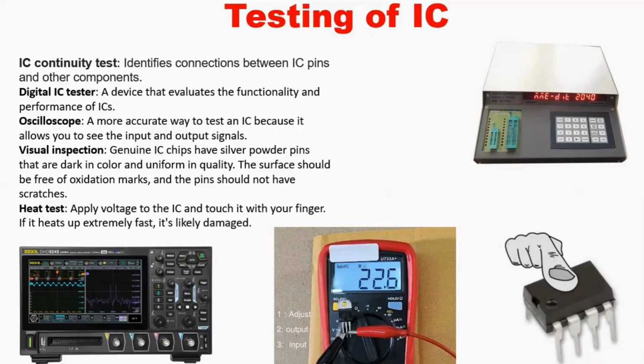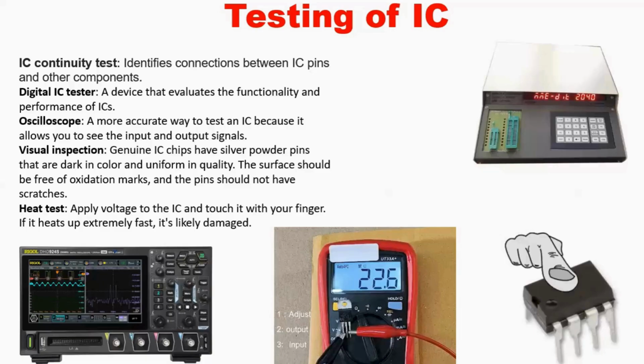You can somehow check it with the help of a multimeter, but more than 3 pins, if it is an 8-pin or 16-pin IC, you cannot check with the multimeter. What you can do with a multimeter is check whether the supply voltage is correctly given to the pin numbers of the IC. If it is shorted, if the supply is given and the supply immediately drops, you can check with the help of a multimeter whether the IC is working or not.